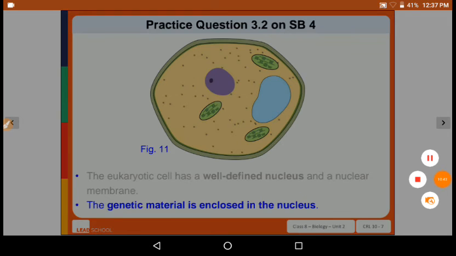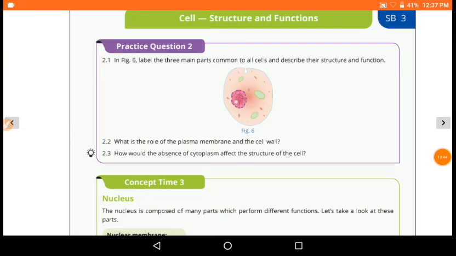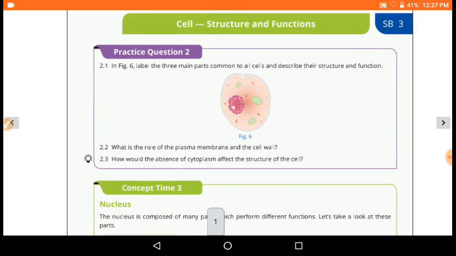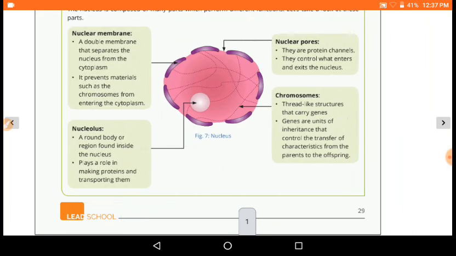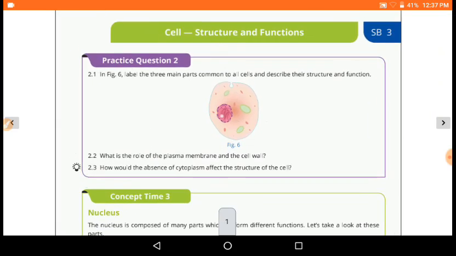First, we saw page number SB3, page number 29. You can see this type of page in your supplementary book.